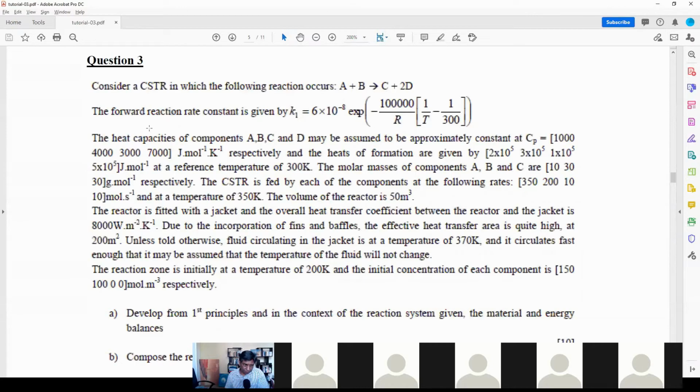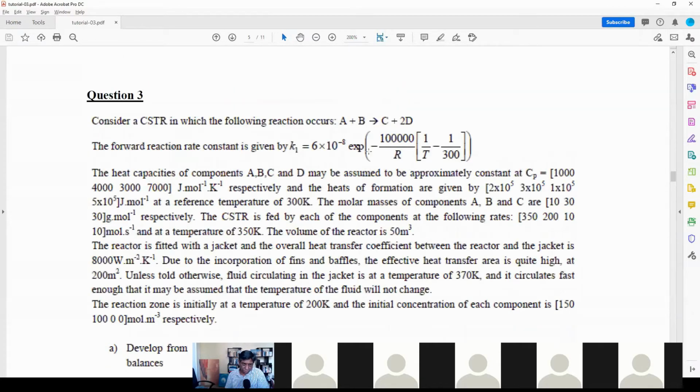In a gas phase reaction in a batch reactor, the pressure will rise as the reaction proceeds. Of course, in this case, it's in a CSTR, so the pressure might stay the same, but your volumetric flow rate will be different. The volumetric flow rate in won't be the same as the volumetric flow rate out, because your gas density is changing as you are forming more moles.